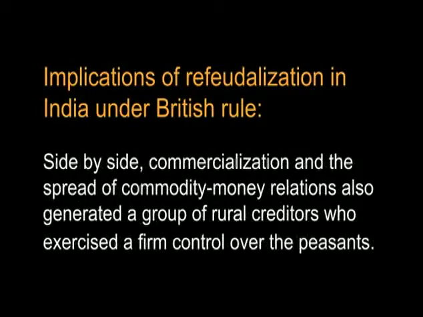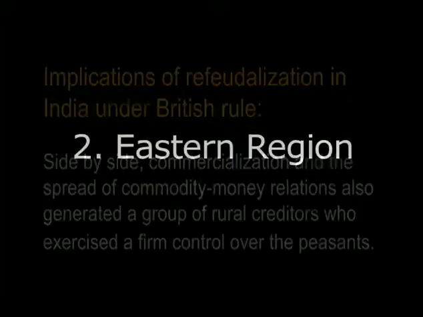And side by side there was commercialization of agriculture and commodity-money relationship, which also helped in the emergence of rural creditors, a section of the newly emerging rich people. And it was these people who exercised sufficient control over the peasants.